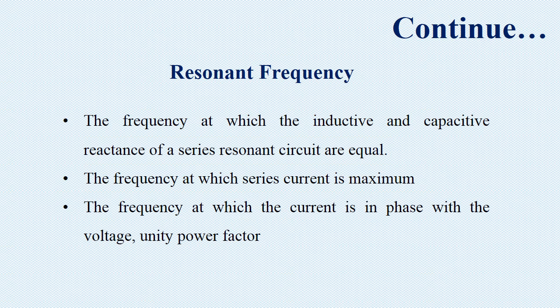So we have only the resistor in the circuit, and our impedance is at a very low value because it equals the resistive element only. So the current in the series resonant circuit will be maximum, and the frequency at which we have maximum current is known as the resonant frequency.